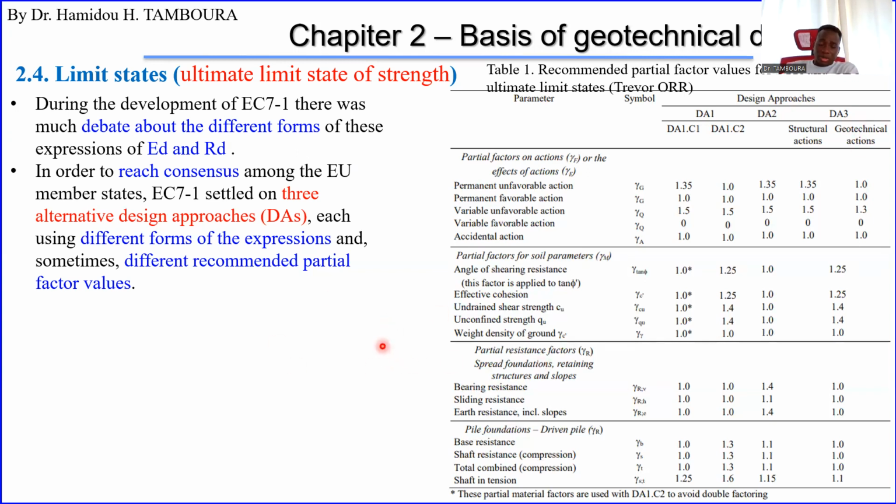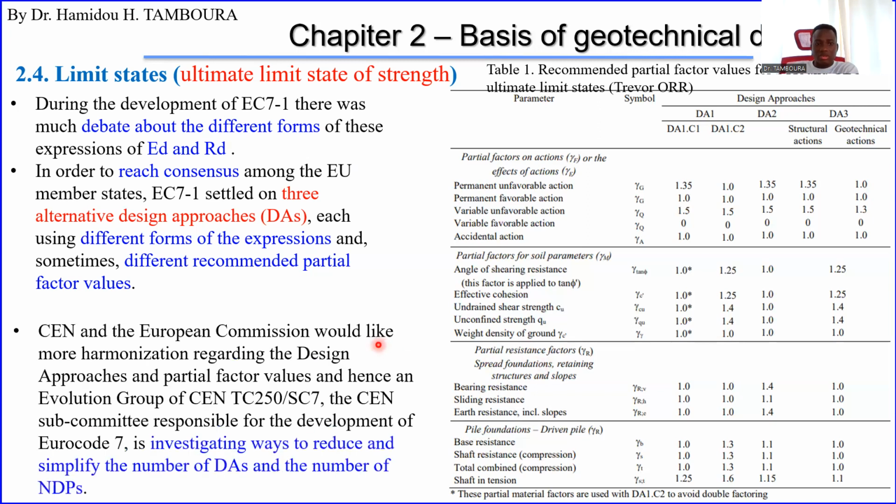It's a little bit complex, but once we start doing some design examples, you will see that it's not that complicated. Anyway, there are a lot of values.